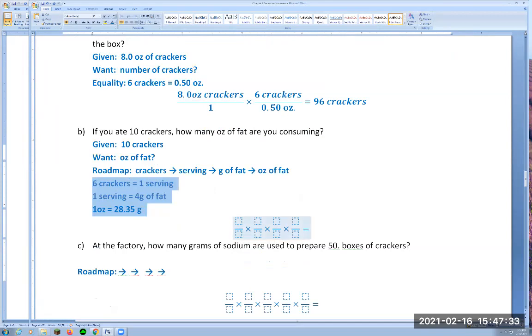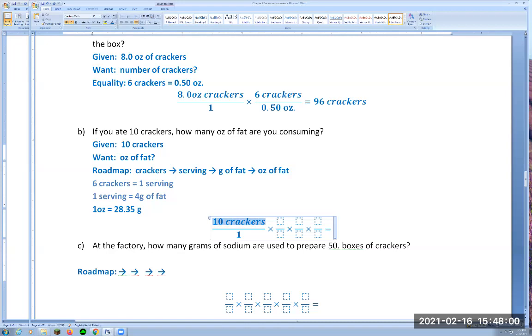So always start the calculation with the given amount. So we want to use 10 crackers here in the numerator and start the calculation with that. So we have 10 crackers and that's a single unit. So there's nothing in the denominator. So you can put a 1 in the denominator. The given amount is always put in the numerator.